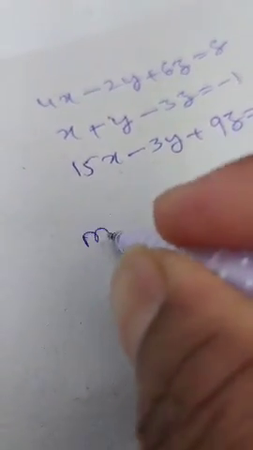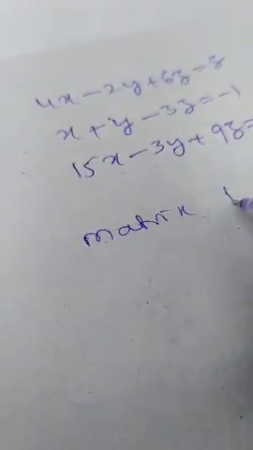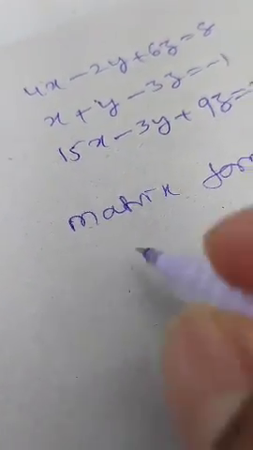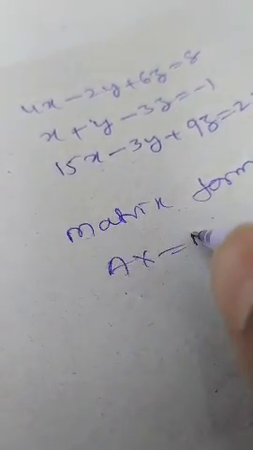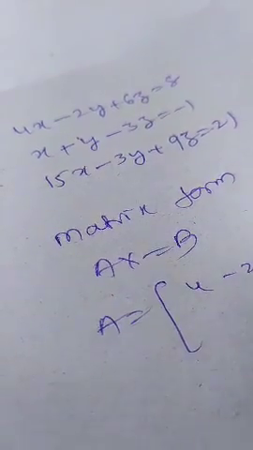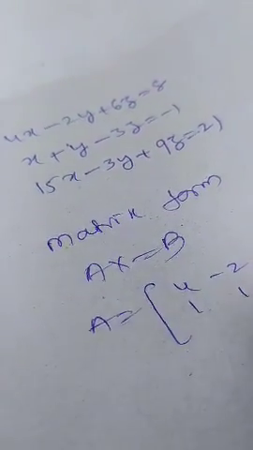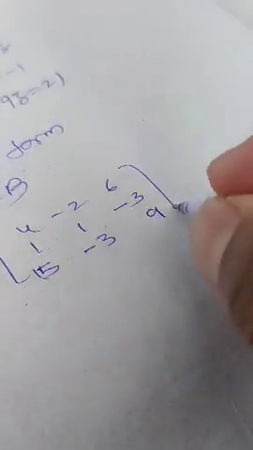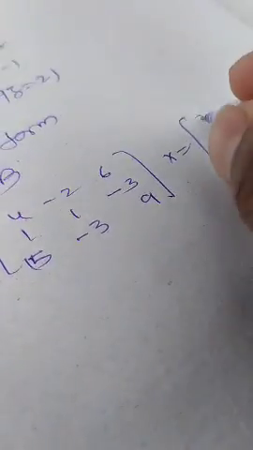So what is the matrix form? Matrix form Ax equal to B. What is the A matrix here? 4 minus 2 6, 1 1 minus 3, 15 minus 3 9, and the variable matrix x y z.